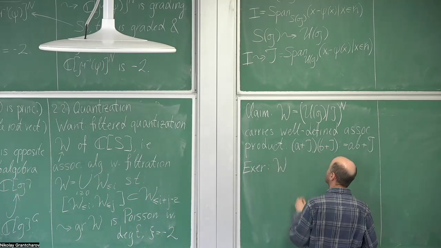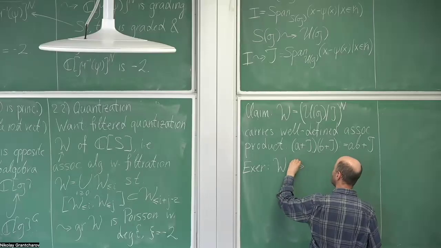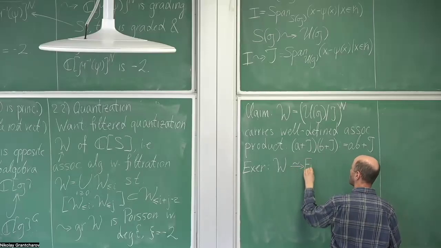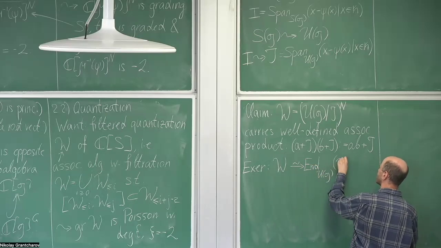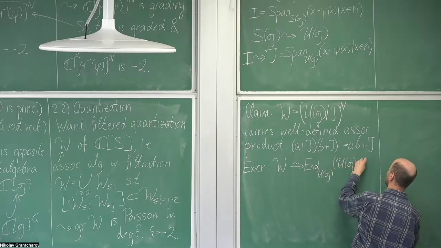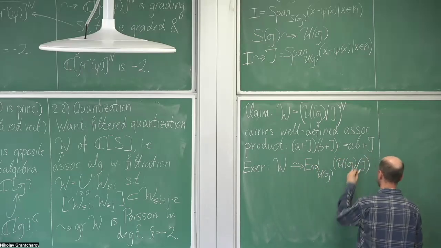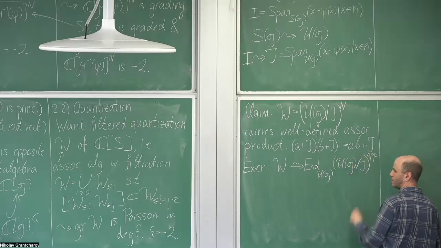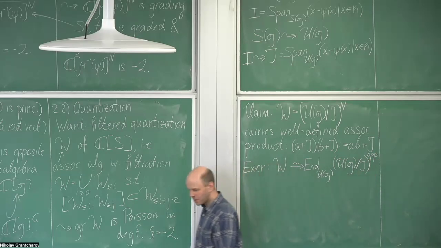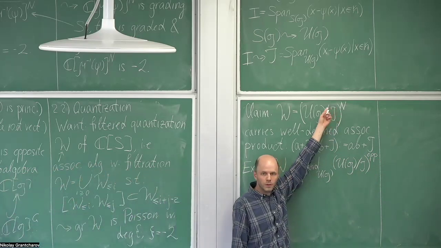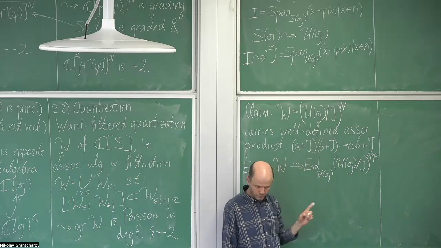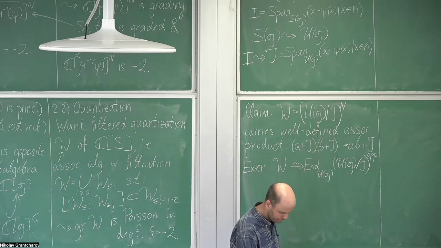Exercise for people who like representation theory and characteristic zero fields: W is identified with endomorphisms of U(g) over J, and then opposite. If I were to play this trick in characteristic p, I would get a bigger algebra. In characteristic p, invariance with respect to the algebra and invariance with respect to the group are different things. In characteristic zero, this is okay.